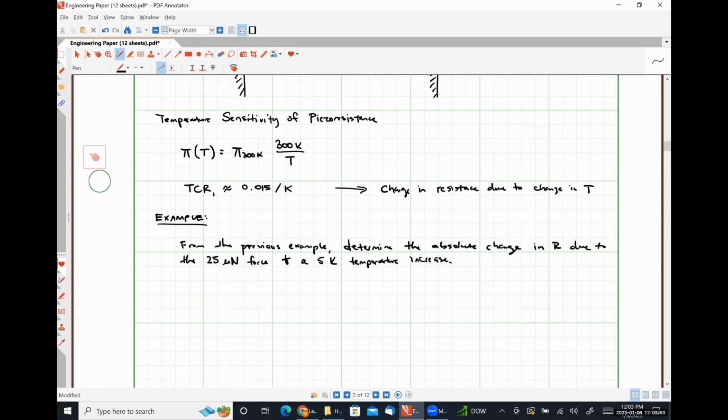That's the first thing that we're going to find, and that's going to be fairly straightforward.